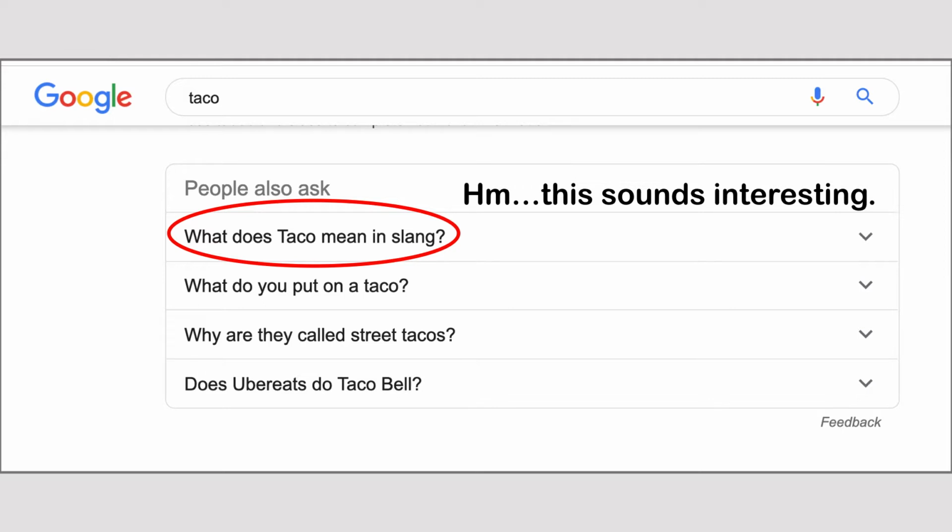Talk about being derailed in my search. What was my search about anyway? Why did I enter the word taco? Oh, yeah, now I remember. I need to find information on the origin of the taco for a report on popular ethnic foods.